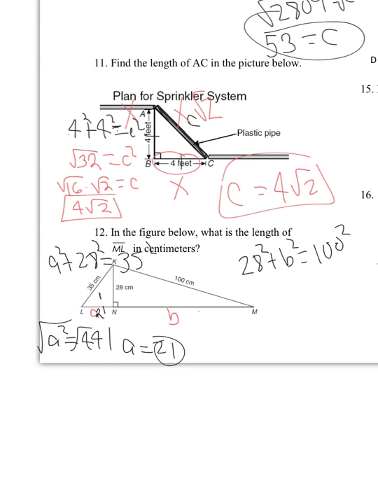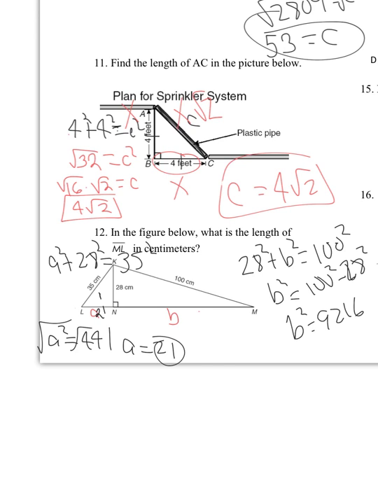So again, you're going to have to subtract here, 100 squared minus 28 squared, right? You're going to have B squared equals 100 squared minus 28 squared. And that's going to give you 9,216. Again, seems like a huge number. Try square rooting it.